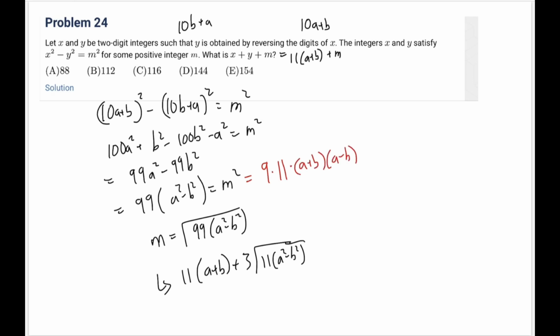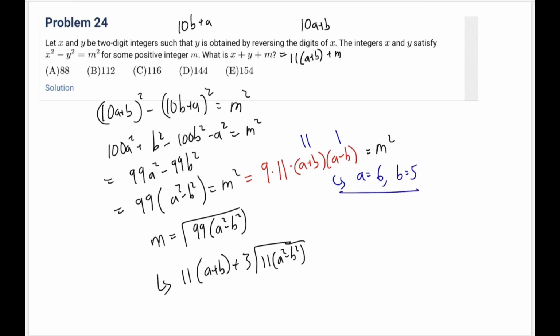If this is m squared, and m is a positive integer, then a plus b is 11 and a minus b is 1. So a equals 6 and b equals 5.